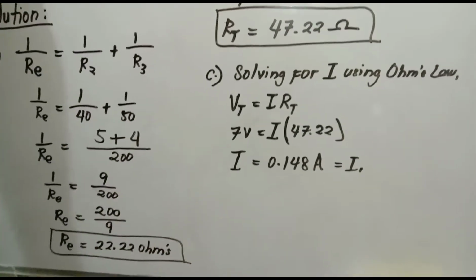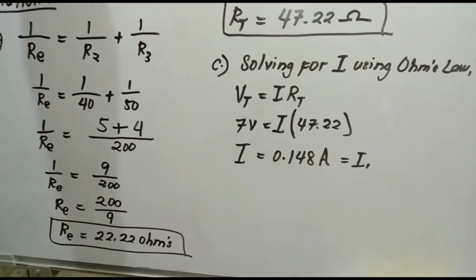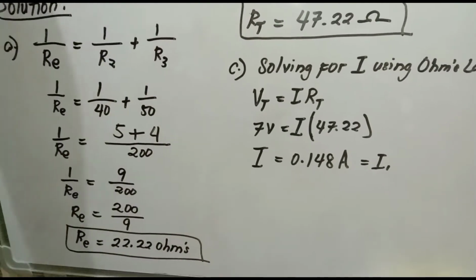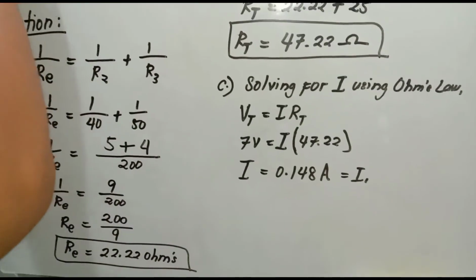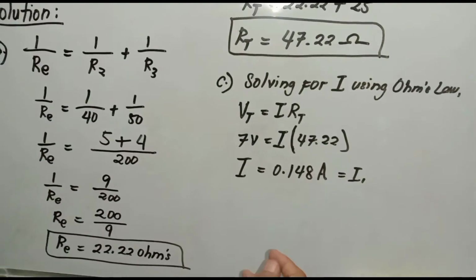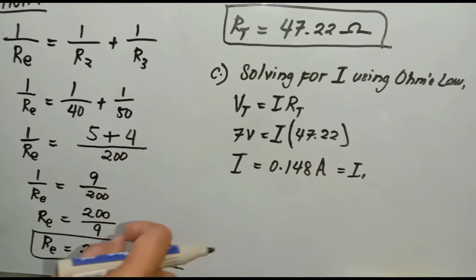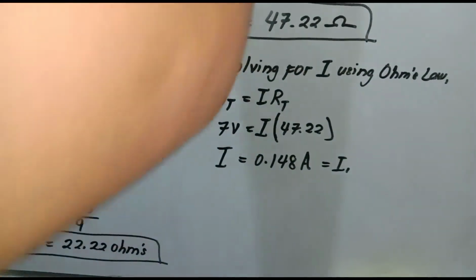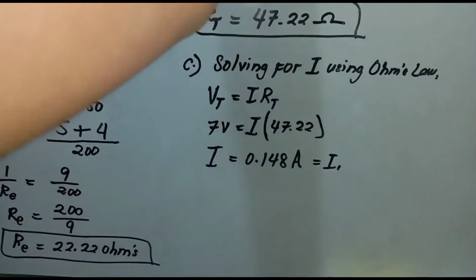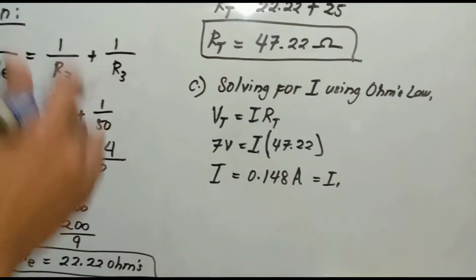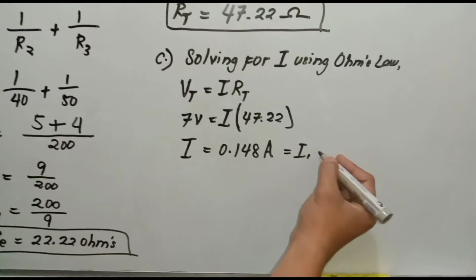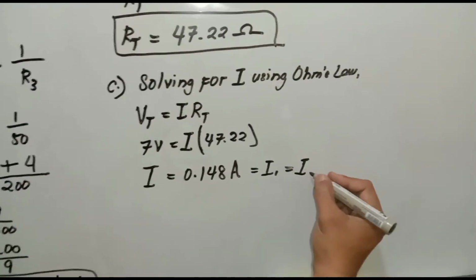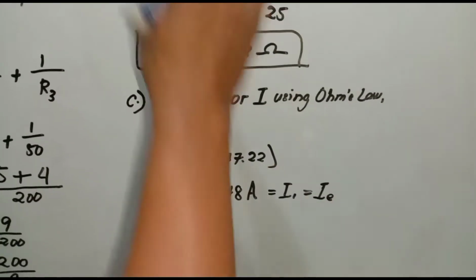Once it passes the series resistor, the current flowing across this resistor is equal to I. So I1 is also equal to I. The current flowing through the equivalent resistance of these two resistors is also equal to I, the equivalent current IE.